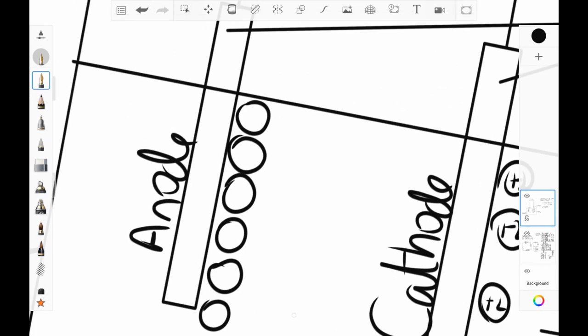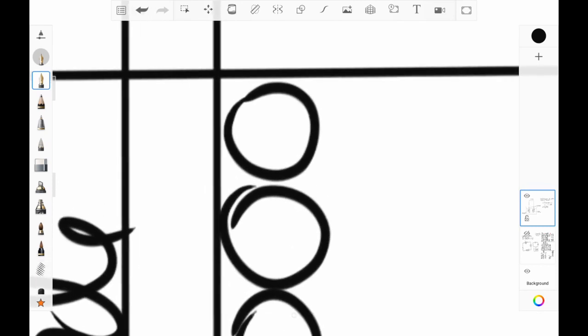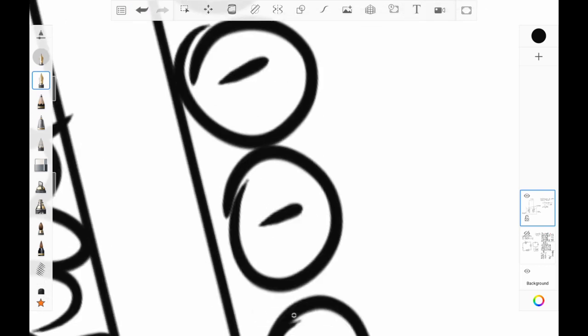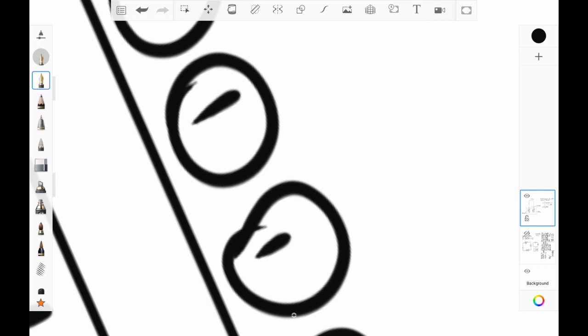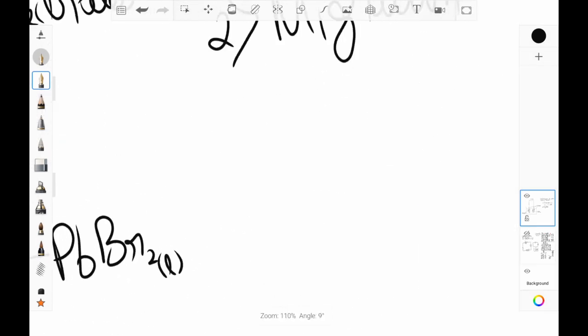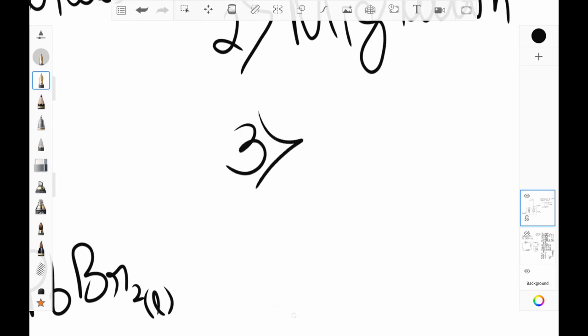There'll be twice as many bromide ions as lead ions due to their ratio. Minus, well, you can just write minus. That's migration done. And discharge, where they lose their charge.